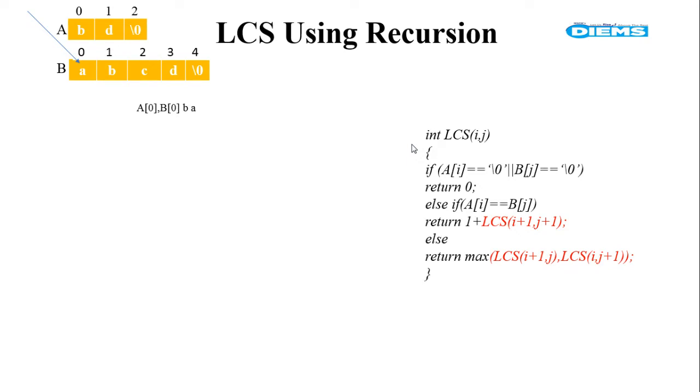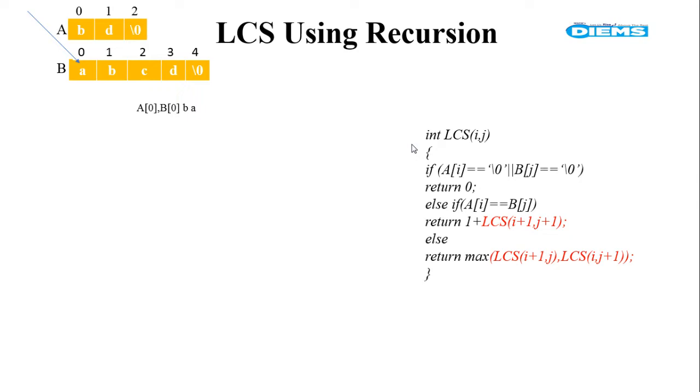See, this red highlighted part is a recursive call here. If the characters are matching, then it will move to the next character in both the strings. Considering i is an index position in string A and j is an index position in string B, it will increment both values, i plus 1 and j plus 1. Else, it will come into the else block when neither character is \0 and both the characters are not matching.